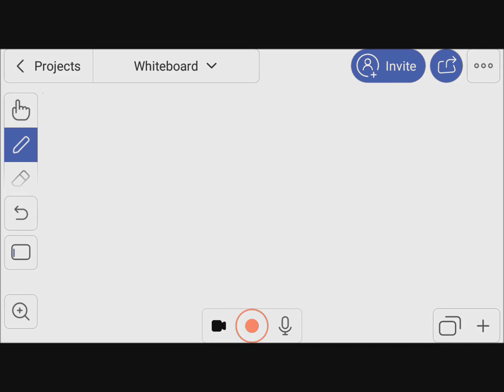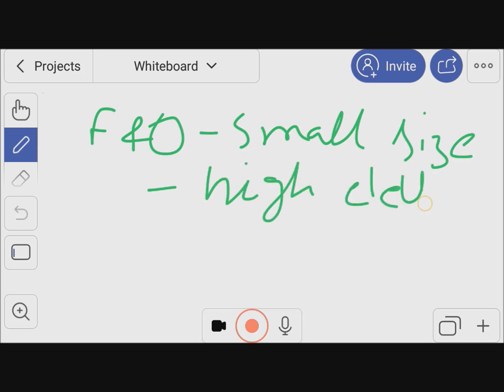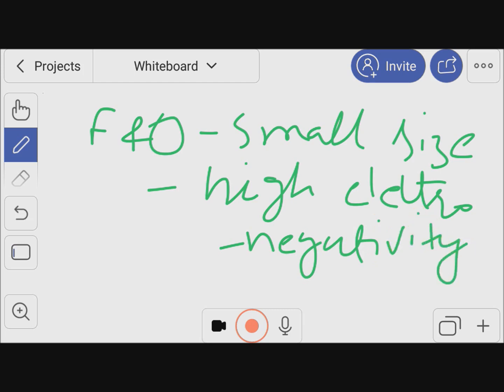The compounds of metals with fluorine and oxygen exhibit the highest oxidation states because fluorine and oxygen have small size and high electronegativity, due to which they form different compounds with the transition metals.